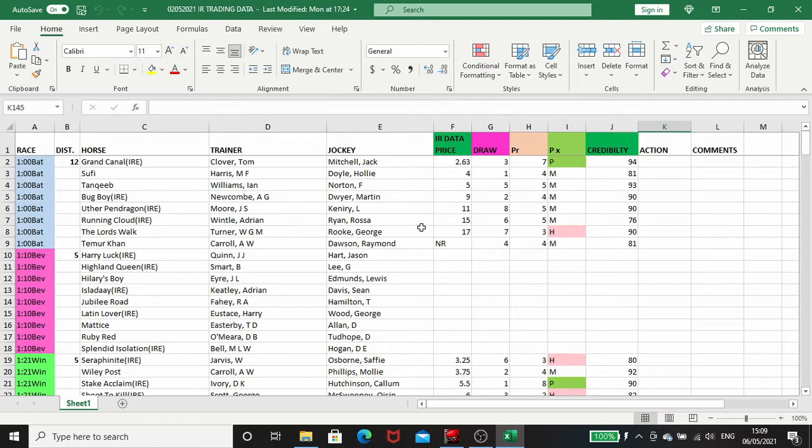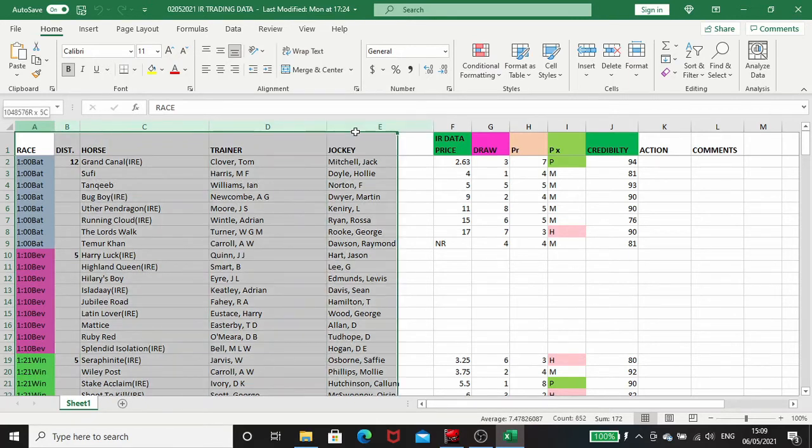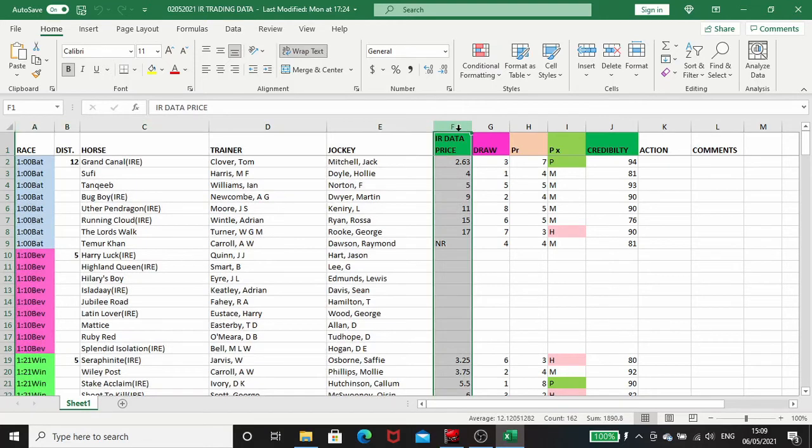As you'd expect, basic race information is to the left, before it displays some of the other information. So you've got race, distance, horse, trainer, and jockey as your basic race information. And thereafter we get into the clever bit, starting with column F through to column J.